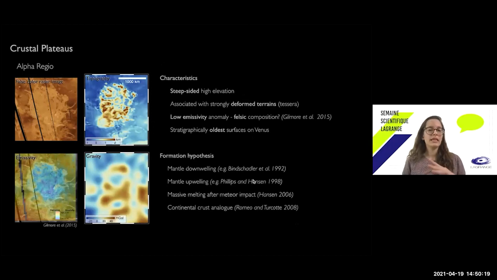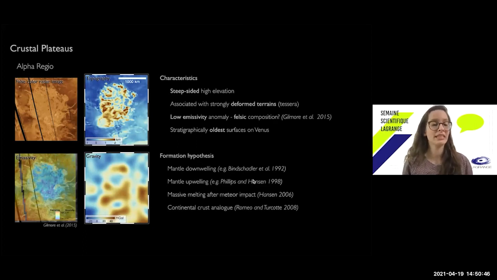So I'm studying crustal plateaus, and they have some nice characteristics. The topography has steep sides, and it's kind of flat on the surface, although it has some wiggling because these are very deformed terrains that went through a long tectonic history of deformation, and this terrain is called tessera.